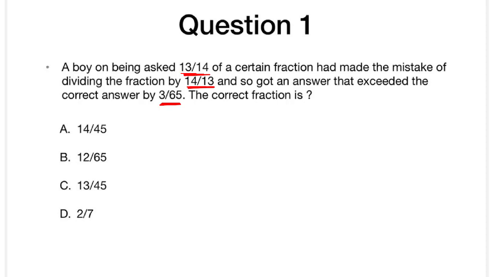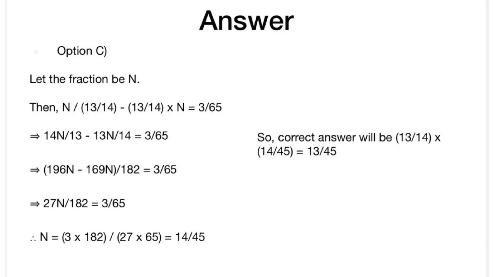If the answer is exceeded by 3 by 65, let us see the answer. Let us assume the fraction is n. Because he made it the wrong way round, we take n by 13 by 14 minus 13 by 14 into n for the second fraction, and it exceeded by 3 by 65.